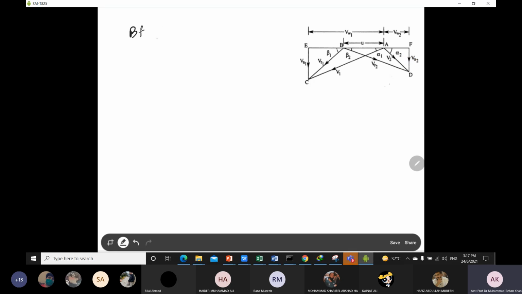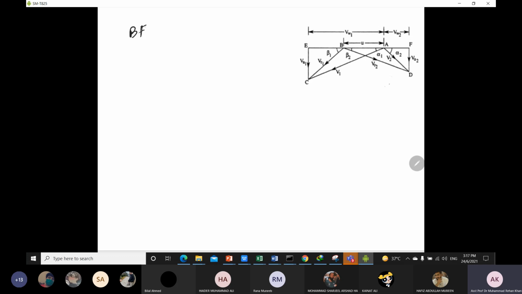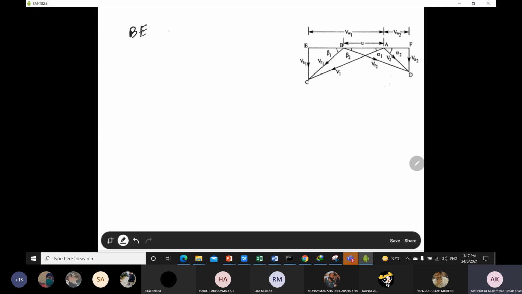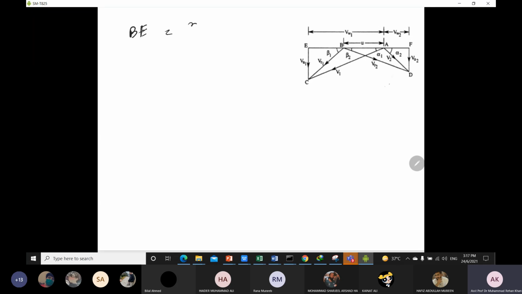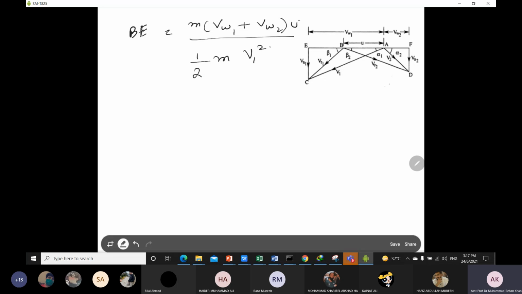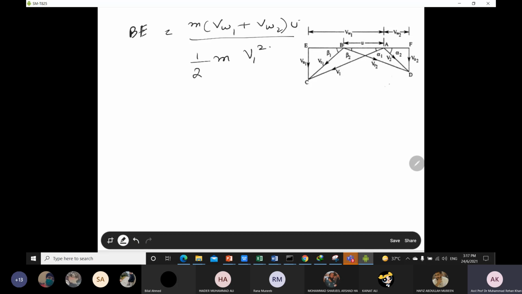For the blade efficiency formula, we just have to simplify it further. So blade efficiency is m into VW1 plus VW2 into blade velocity divided by half m V1 squared. The upper part is the work done, the numerator, and the denominator is the energy supplied to the blade per second.